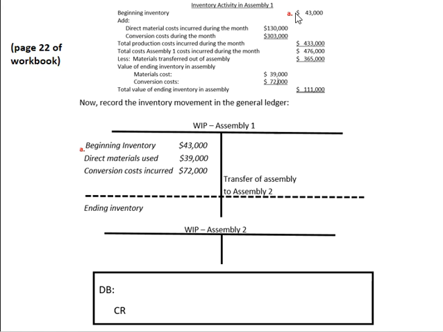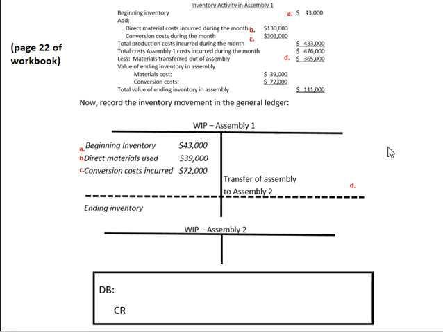We know we have a beginning inventory of $43,000, and there it is in our general ledger account. That entry's already been made. Direct cost, $130,000, is in our general ledger account. Conversion cost is also included. So all those items have been incurred.